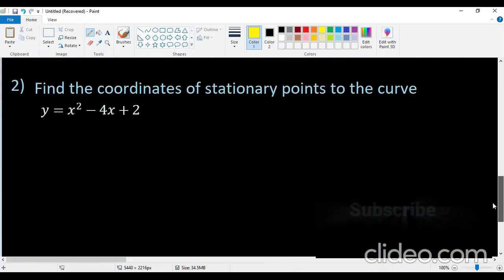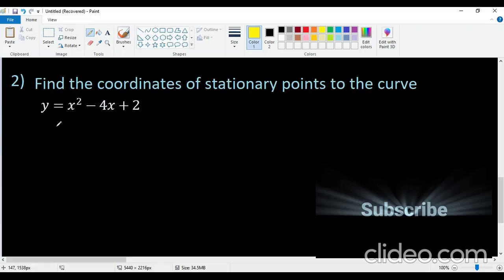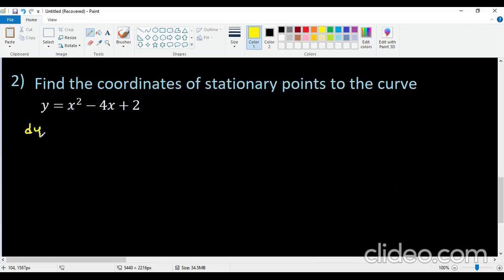Now we come to the second question, in which we are going to do the same thing with this one. We find the derivative: dy dx equals x square minus 4x plus 2.